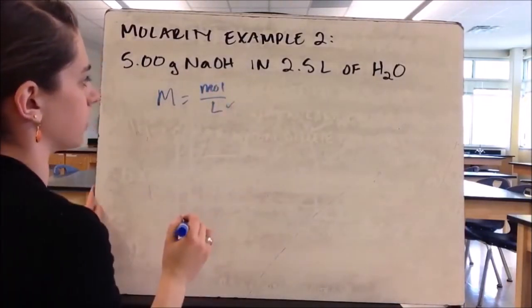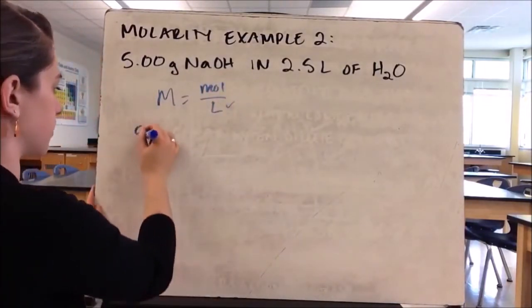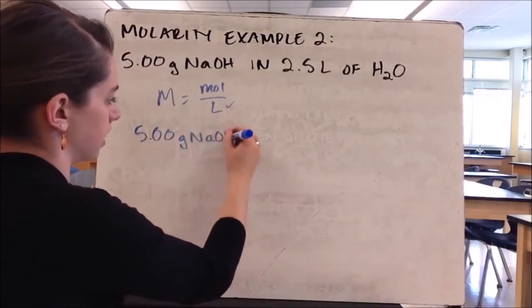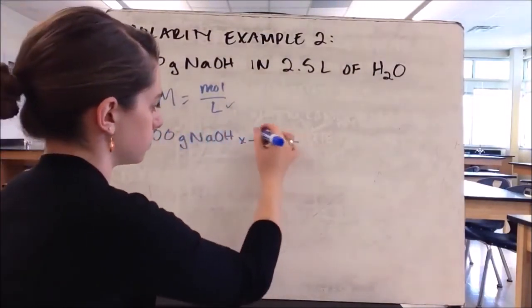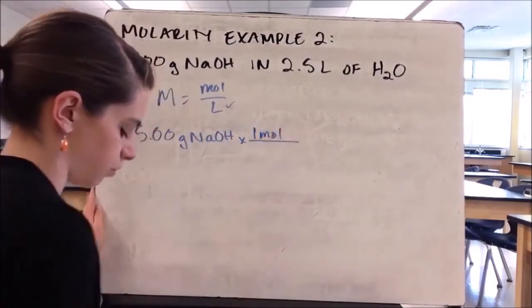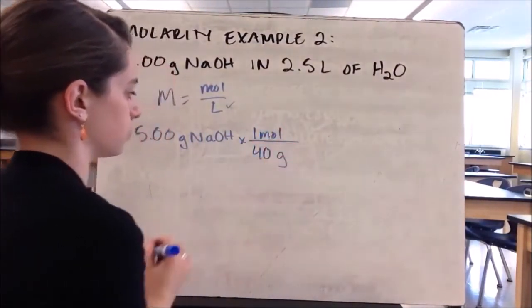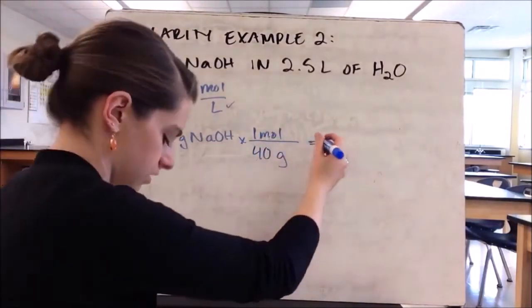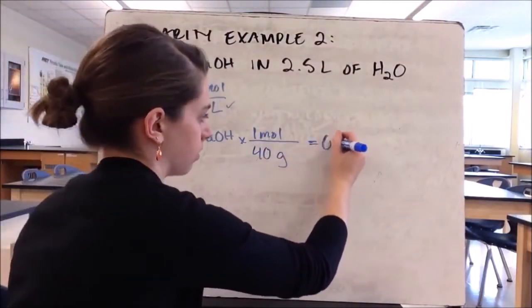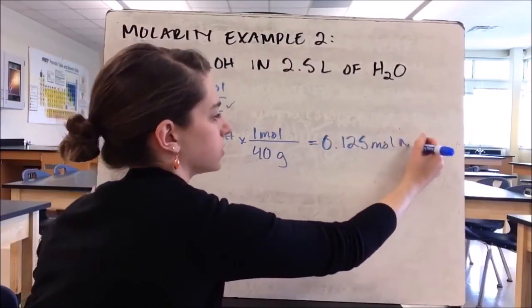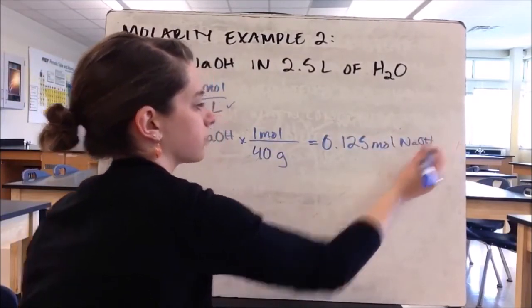I have liters already, but I need moles, so I'm going to take my 5 grams of sodium hydroxide and convert it to moles. And in 1 mole of sodium hydroxide, there are 40 grams, which leaves me with 0.125 moles of sodium hydroxide.